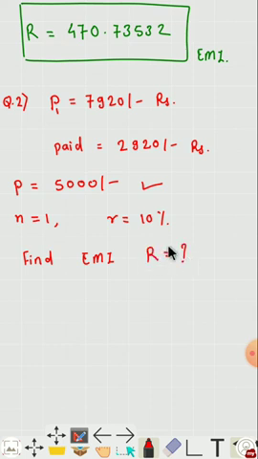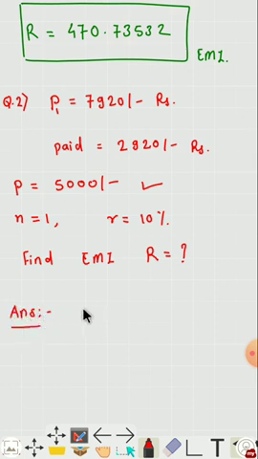So this is homework for you. We have given all these parameters. P is equal to 5,000, N is equal to 1, R is equal to 10, and what we have to find is our monthly installment. So I will give the answer here.